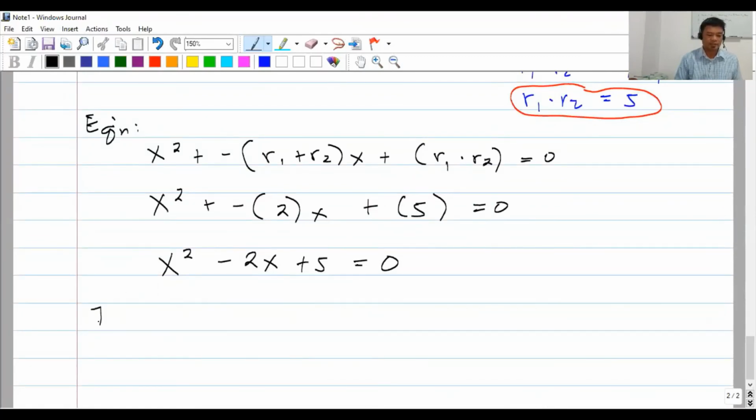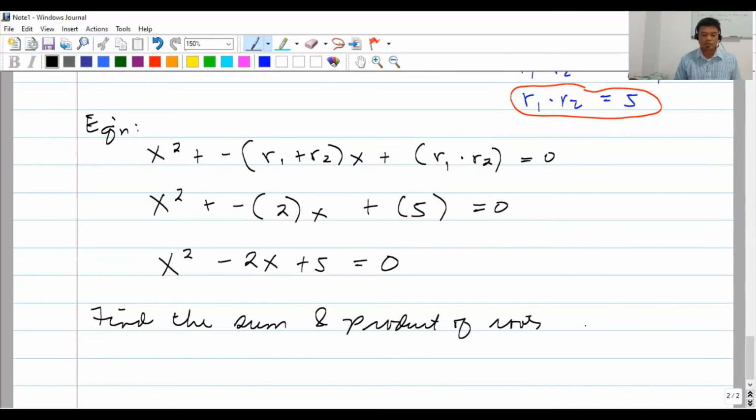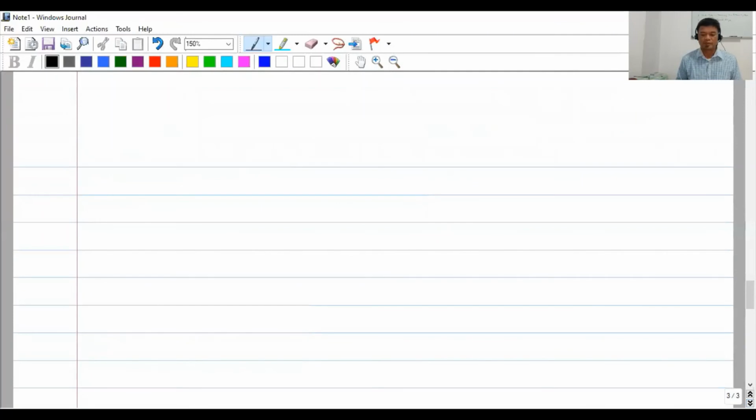This time we're going to find the sum and the product of the roots given the equations.